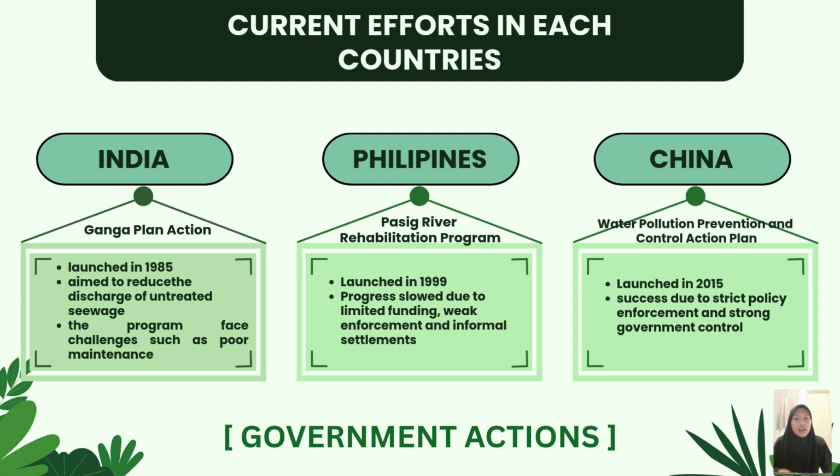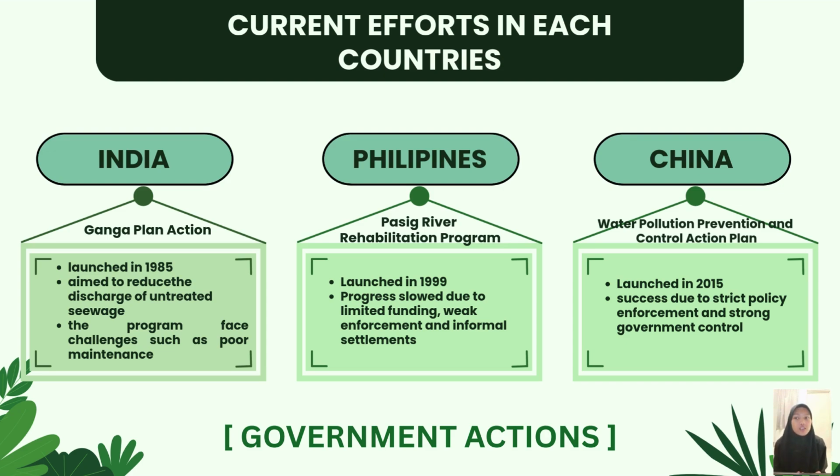In the Philippines, the government organized the Pasig River Rehabilitation in 1999 with the overall objective to improve environmental management, particularly wastewater management and urban renewal. Despite this, there are still weaknesses in this program, which is slow progress due to limited funding, weak enforcement, and informal settlements.